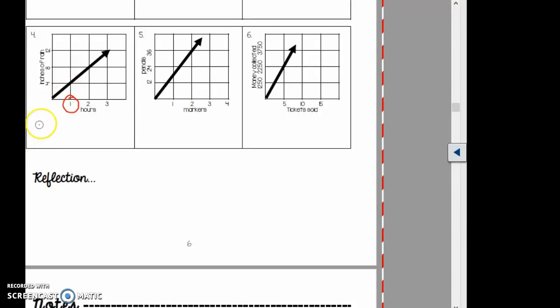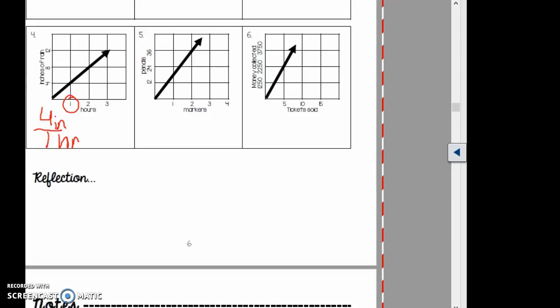So can you write that? Okay, so for what? 4 inches of rain. No, where it's 4 inches of rain. Where would I label 4 inches of rain? On top. And on the bottom, that's what? Hours. Hours. Very good.